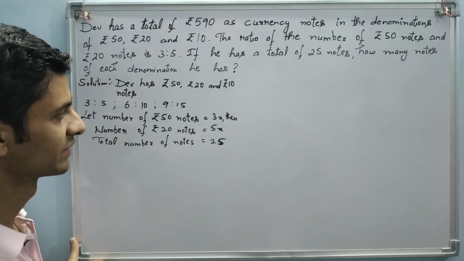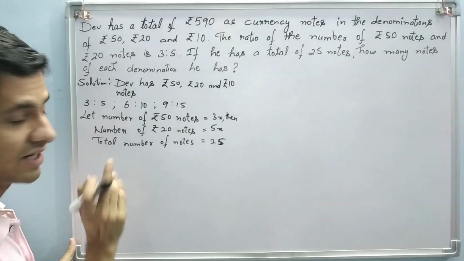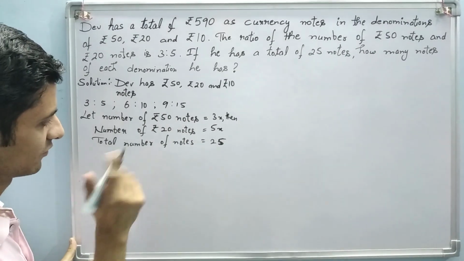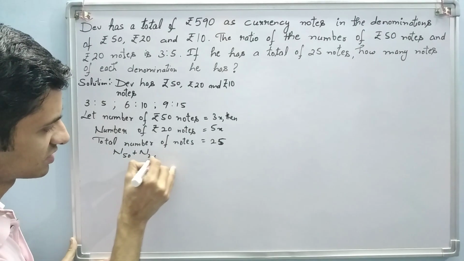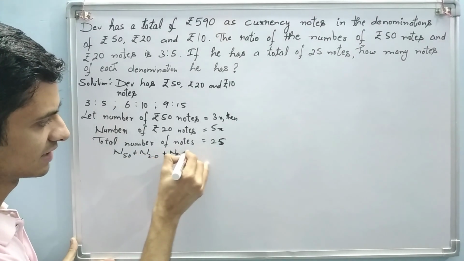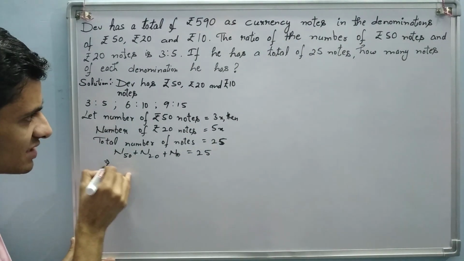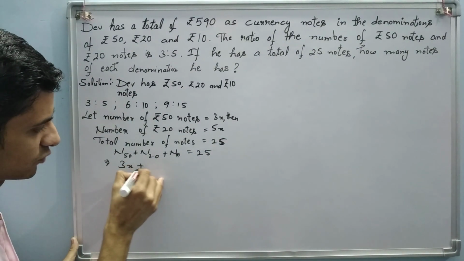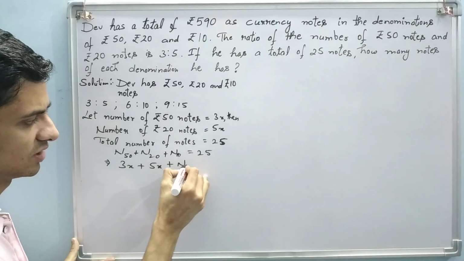So in the total number of notes, what all types of notes are there? 50 rupee notes, 20 rupee notes, and 10 rupee notes, and the total comes out to be 25. The number of 50 rupee notes is 3x, the number of 20 rupee notes is 5x, and the number of 10 rupee notes we don't know.